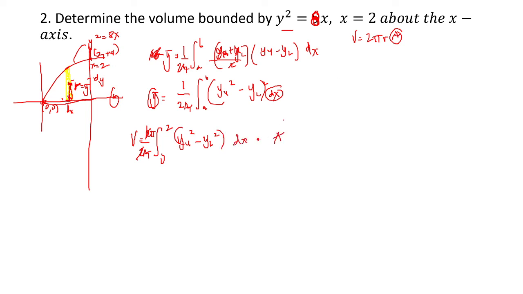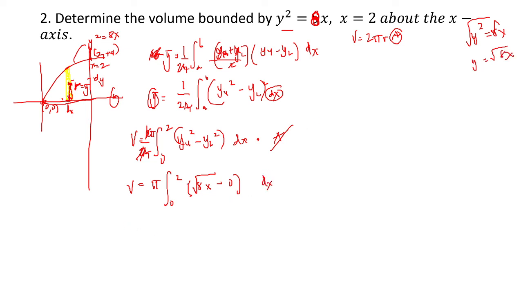So cancel the area. What's left is just pi, from 0 to 2. What's our y upper? Y upper is the square root of 8x, and y lower is 0, since y squared is equal to 8x.